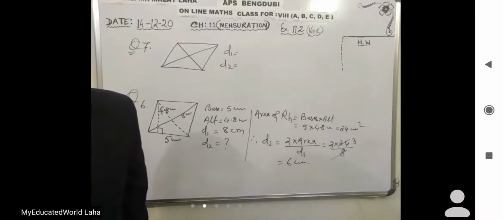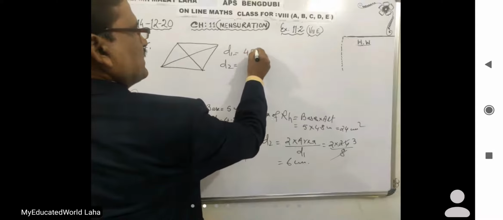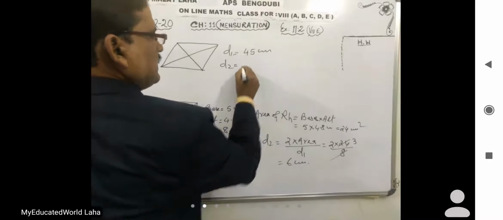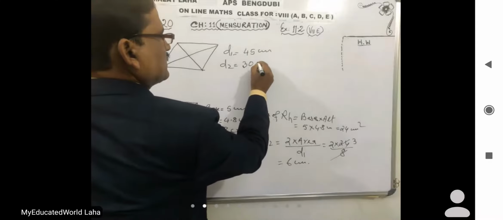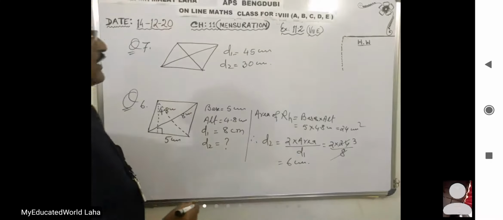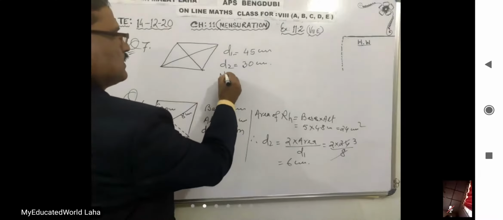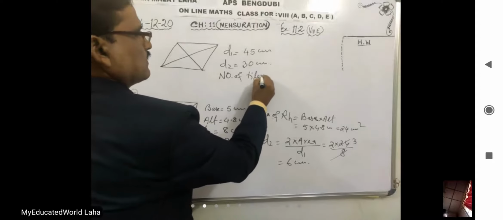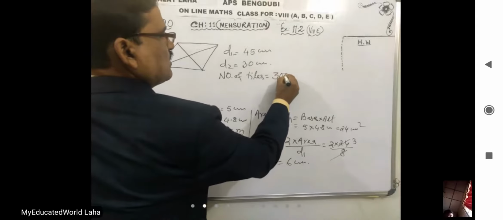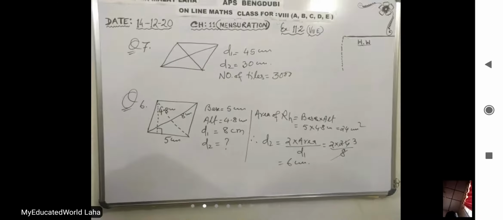Longer one is 45 centimeter and shorter one is 30 centimeter. And what is given? Number of tiles, 3000. Now listen. Number of tiles 3000.